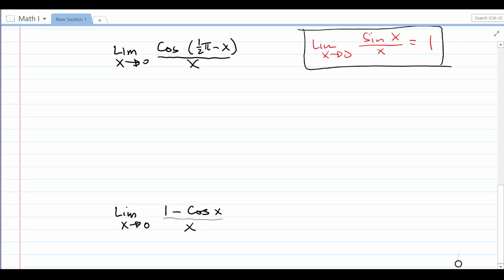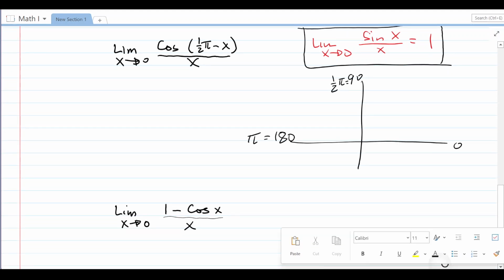If you remember the basic quadrant, this is your 0 degree, this is your 90 degree, 180 degree, which equals pi, and then this is half pi, and then this is 3 over 2 pi.